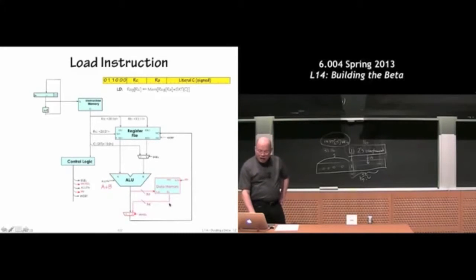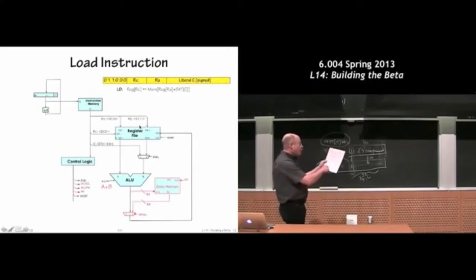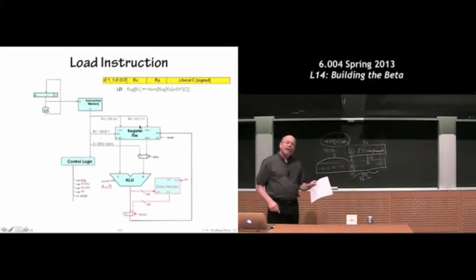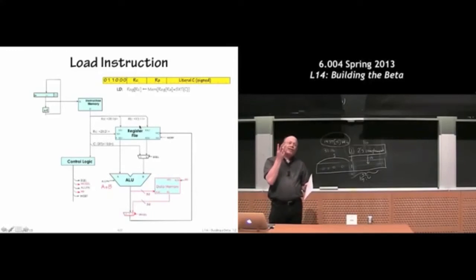We'll take this data word, and the data that comes out of memory is then routed through this new multiplexer called the WD cell mux, okay, routed back to the register file, and that becomes the result of the instruction. So if you look here in your control table, you'll just see that we've added a new WD cell control line. The WD cell mux selects from one of three values.